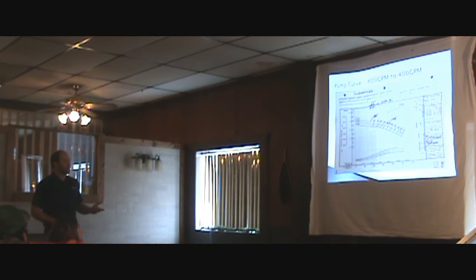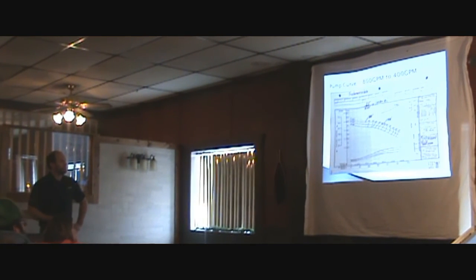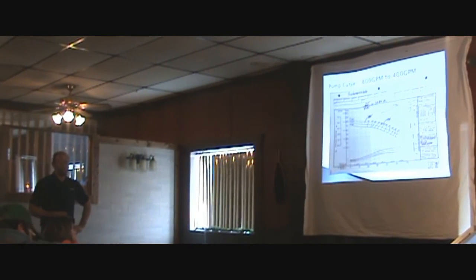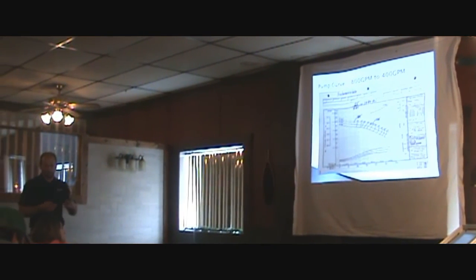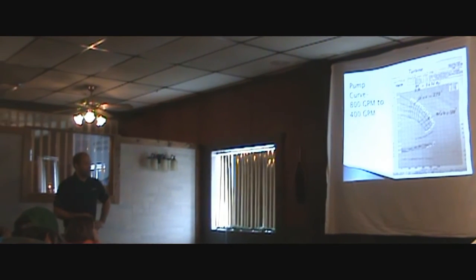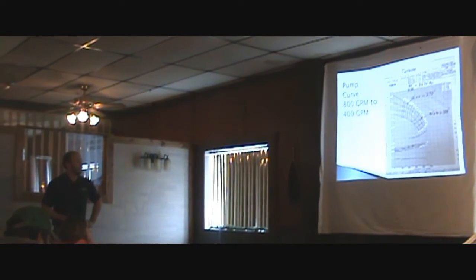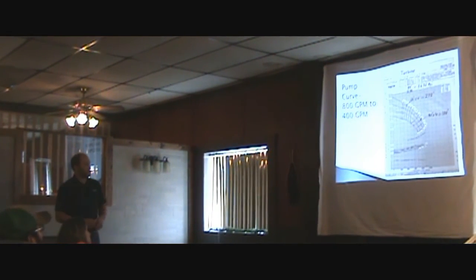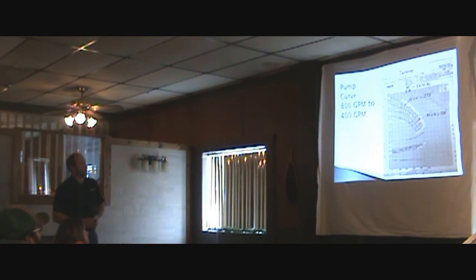This one happens to be a submersible pump. There's no distinction between a submersible and a turbine pump as far as pressure. This next one happens to be a turbine pump, and it's the same situation here. We're at 800 gallons a minute, and we're at 188 feet.